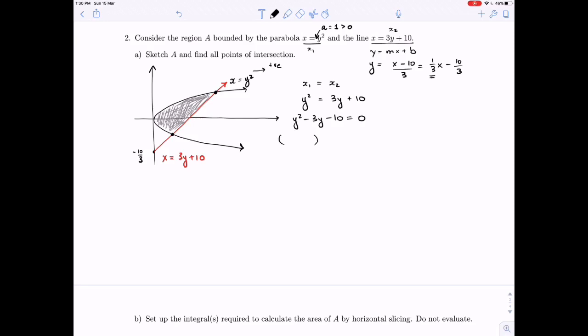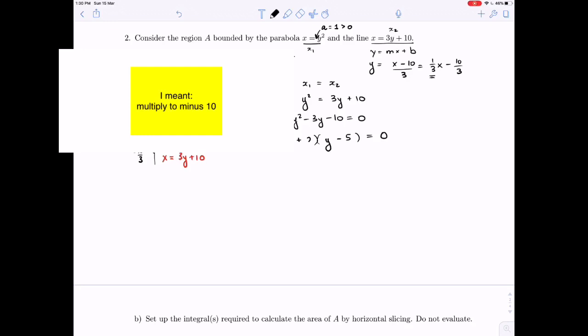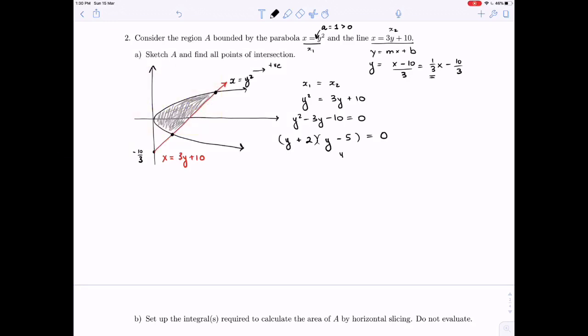And of course, I say of course because these are designed for ease of use for you, but not of course in general, this will factor. We're looking for factors here that are going to multiply to minus 10 and add up to minus 3, so y plus 2 and y minus 5, which is going to give us that y is minus 2 or y is plus 5.